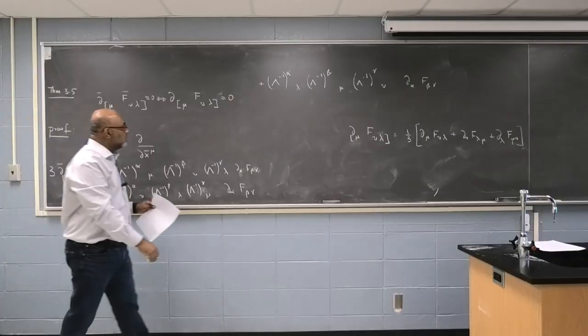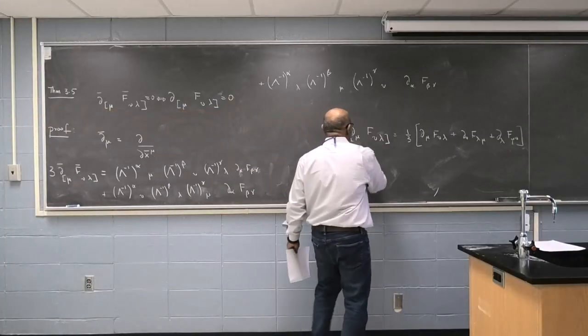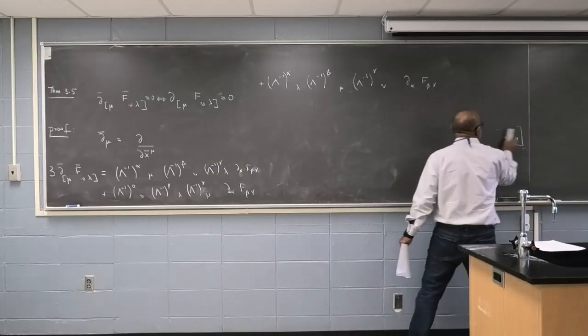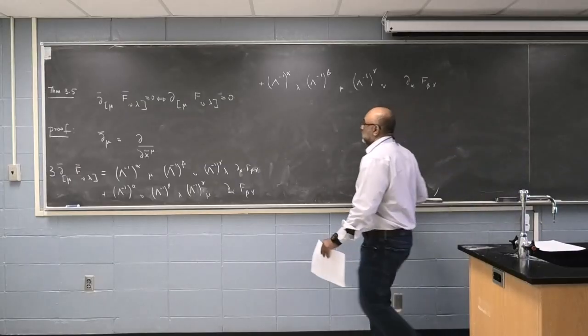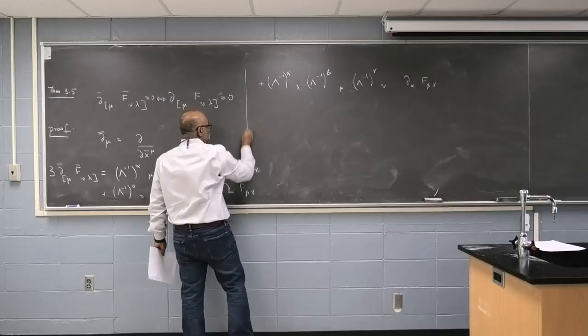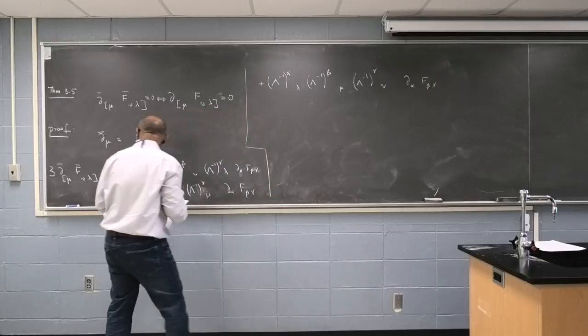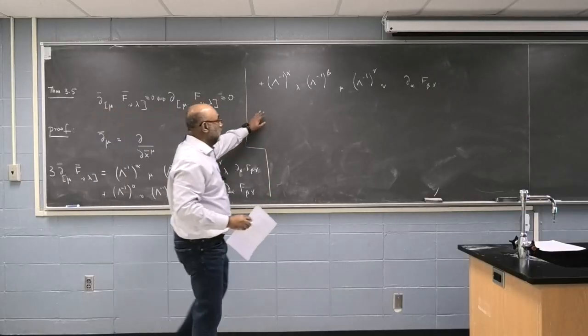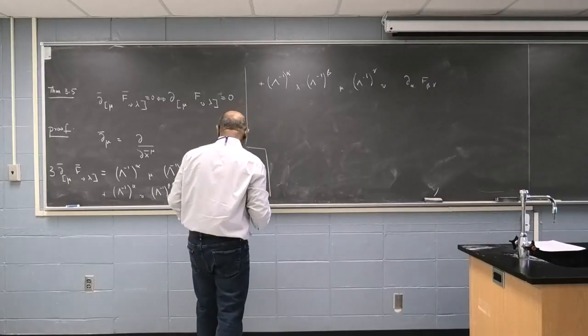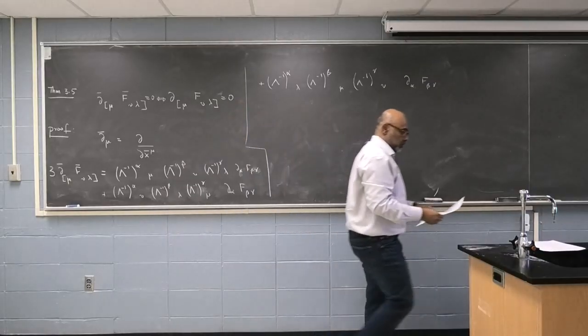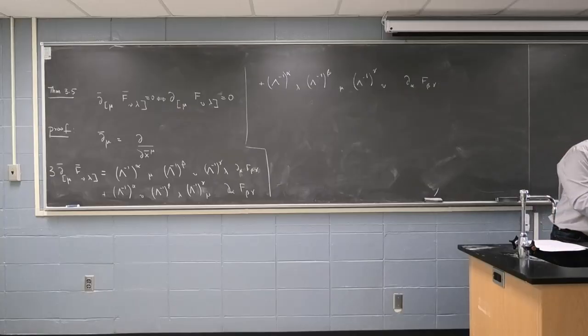So this is actually rather convenient because I have the three terms over here. Now I'm going to stop. I'm going to call this guy 1 and 2, and I'm going to do a dummy variable change.